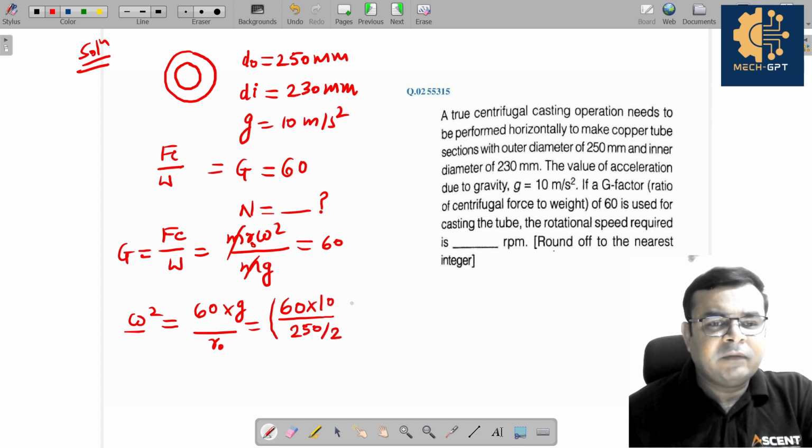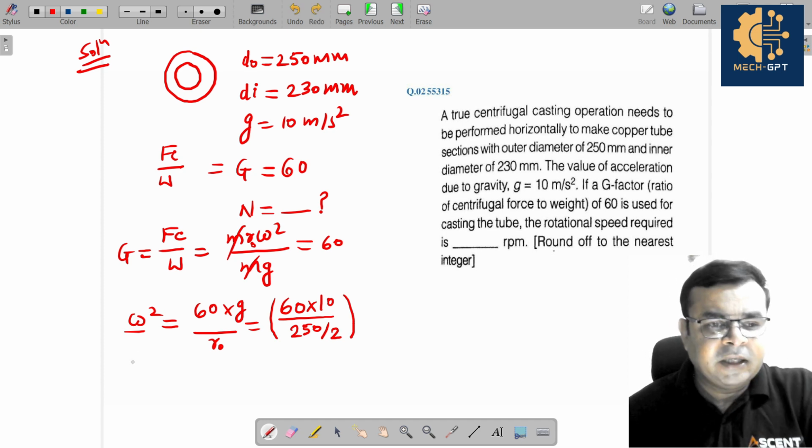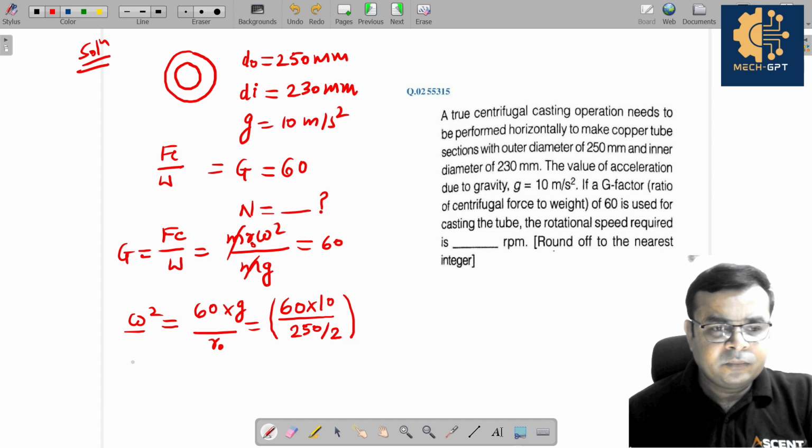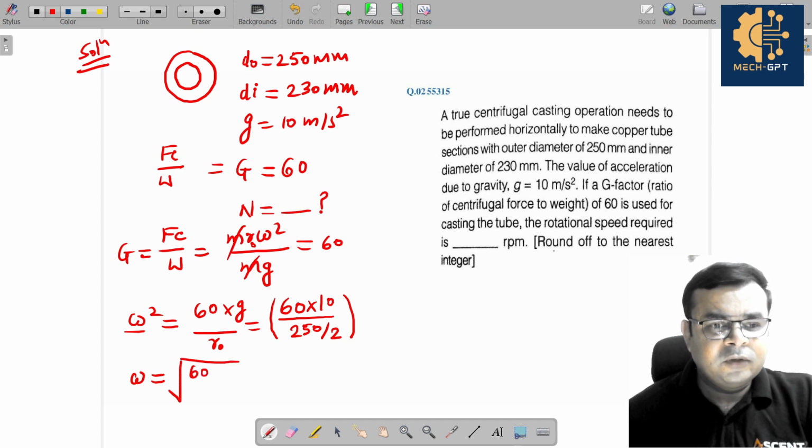After calculating this, we get omega equals the square root of 60 into 10 over 250 by 2, that is 125. This is omega.